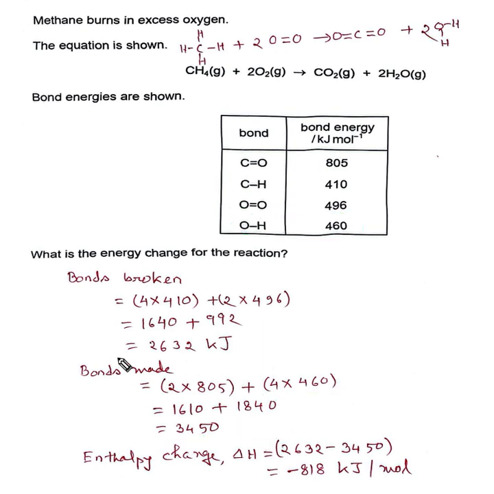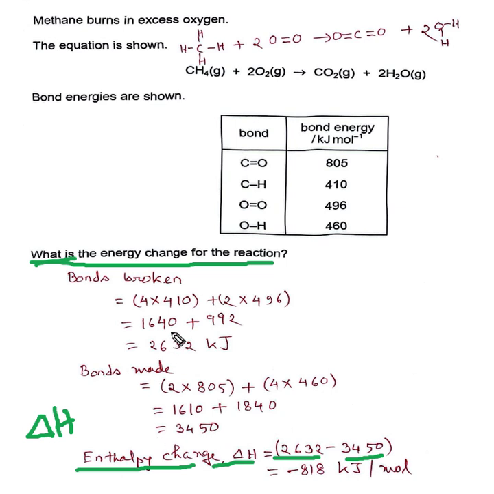So the bonds broken total energy is 2632 kilojoule and the bonds made total energy is 3450 kilojoule. Now what you are asked is the enthalpy change or energy change for this reaction. Enthalpy change, delta H, is expressed as delta H equals bond broken energy minus bond formed energy.